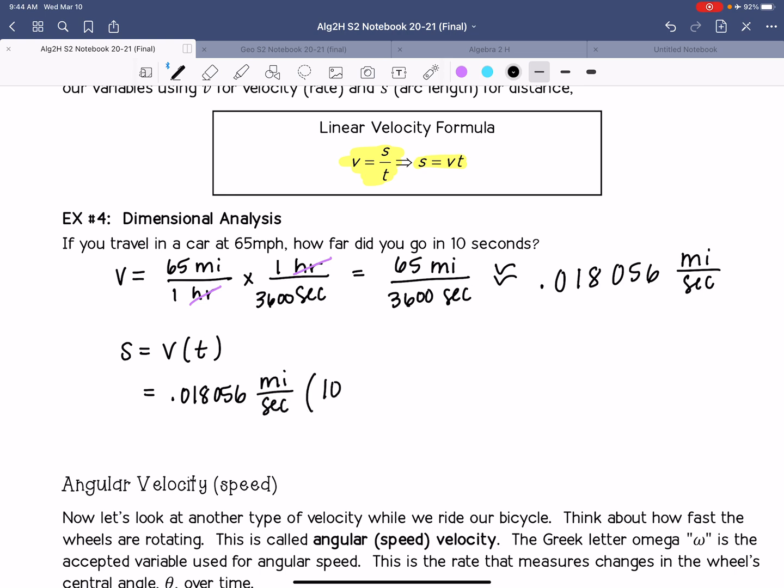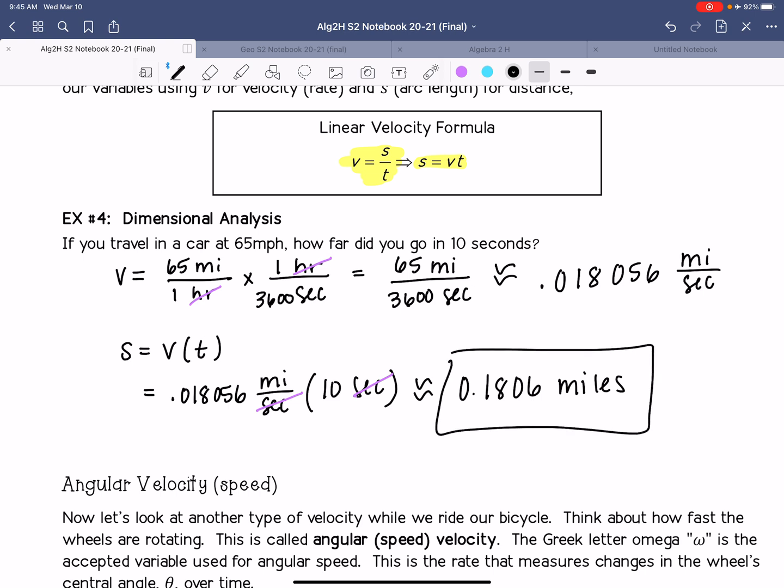And we're going for 10 seconds. Okay, so again, my seconds will cancel out, so I'm just going to be left with miles. When we multiply by 10, we just move our decimal over one place. So we're going to get it's approximately 0.1806 miles, or if you wanted to round it to 3 decimal places, whatever.